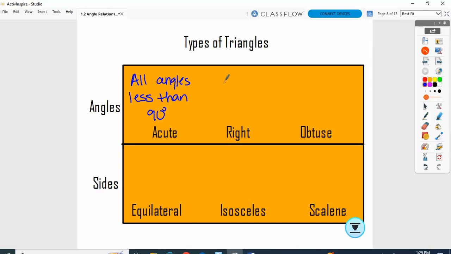What about a right triangle? One angle of 90 degrees. What about an obtuse triangle? One angle greater than 90 degrees.